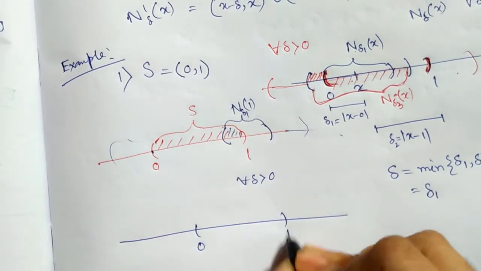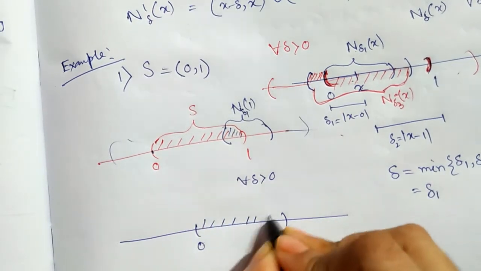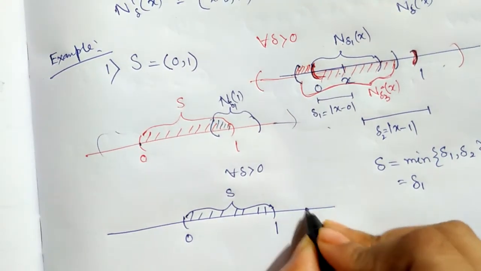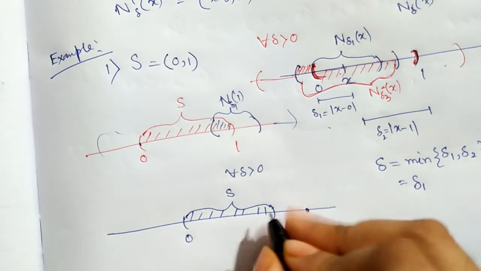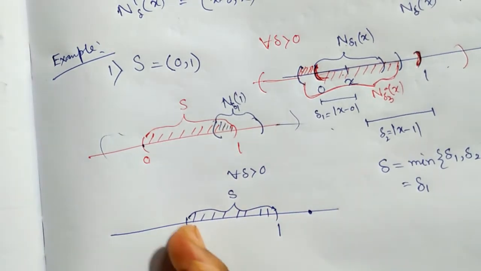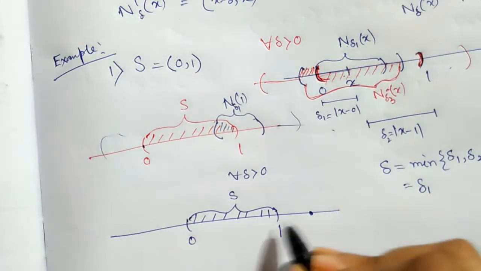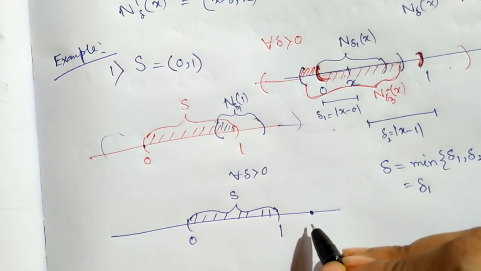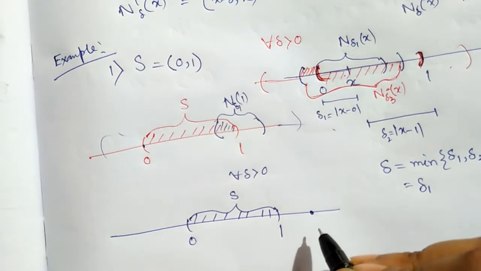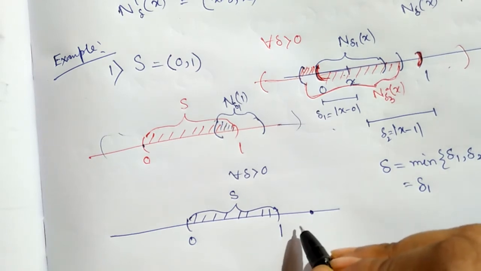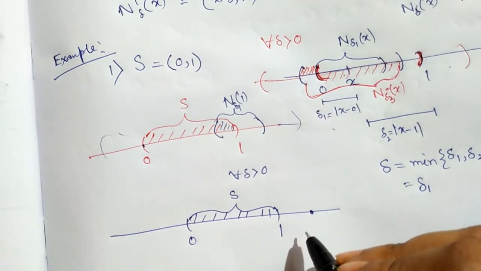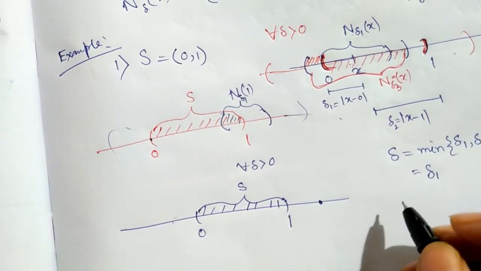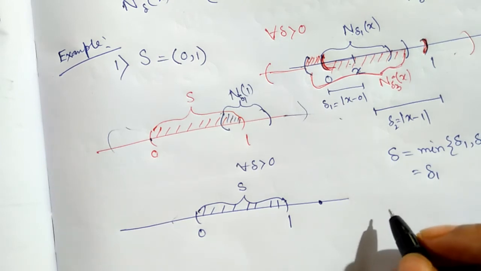This is 0, this is 1, and this is our set S. Now we have to check whether in the right section of 1 and the left section of 0, in these two sections, there is any limit point of S. That is, in these two sections, can we get any limit point of S?